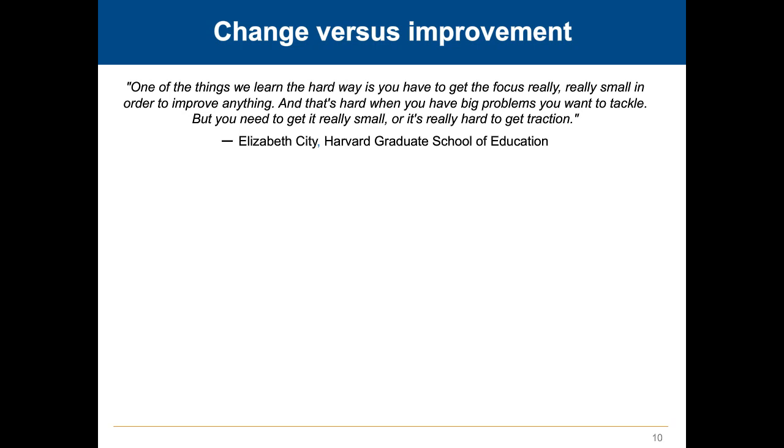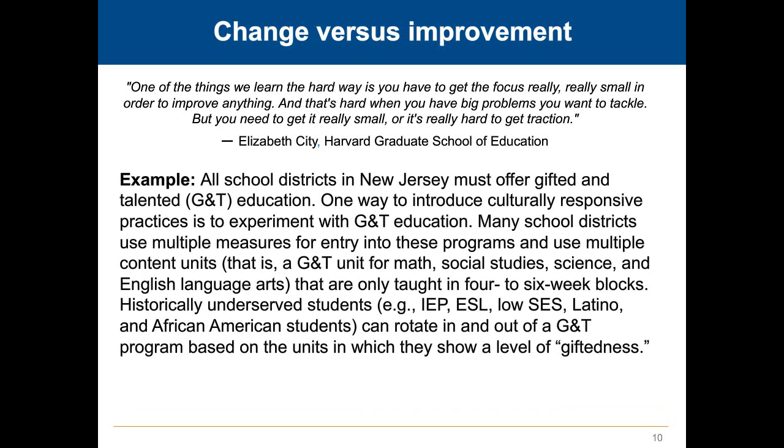Where are we going to put our focus? How are we going to get this traction in a very small, granular way so that we are actually seeing improvement versus change?